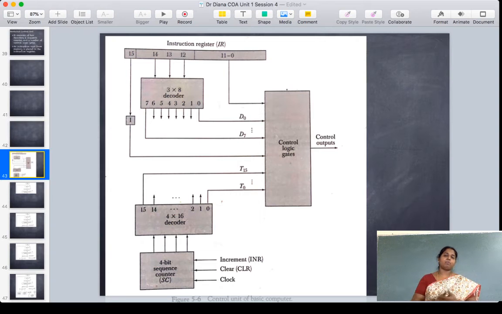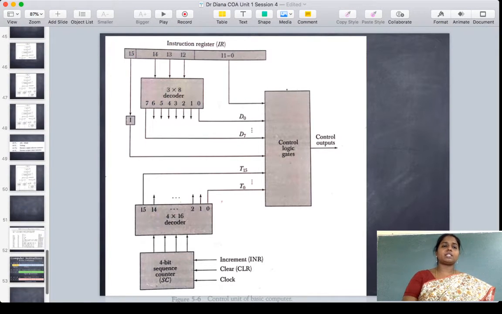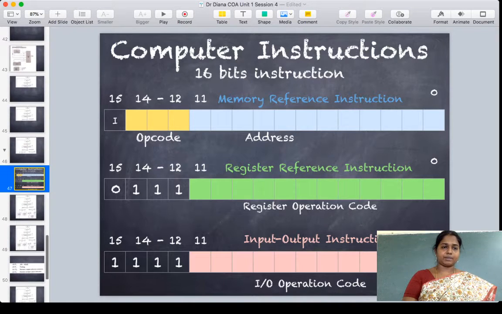That is given as input to the decoder, and the decoder generates signals D0 to D7 from the 3 bits of the opcode. So that's the first step. And we have seen that the bit I, or the MSB, is used for indicating whether it is a direct or an indirect address.